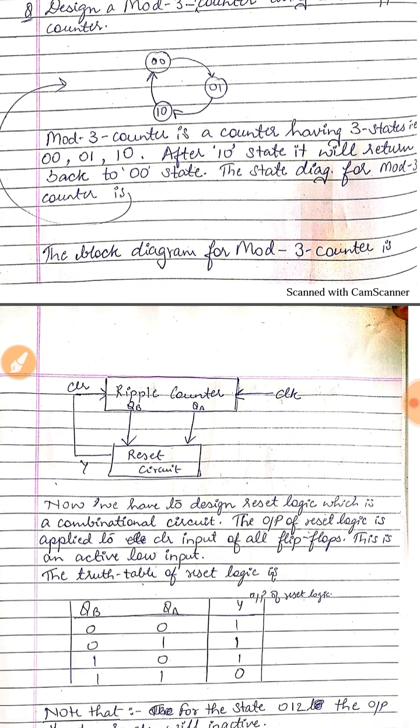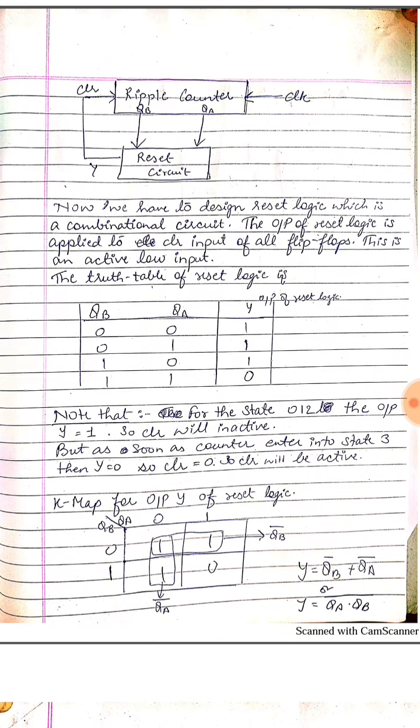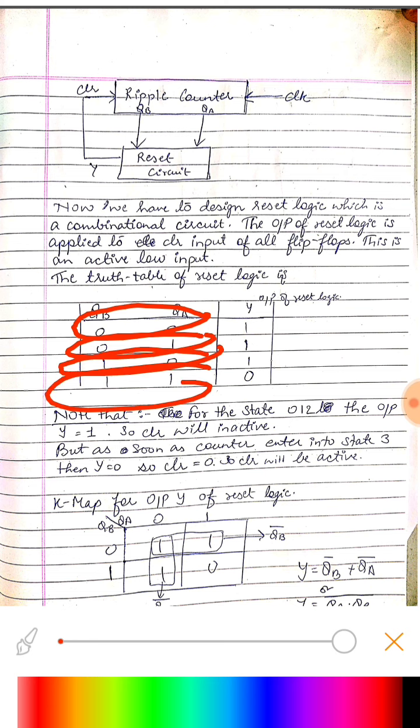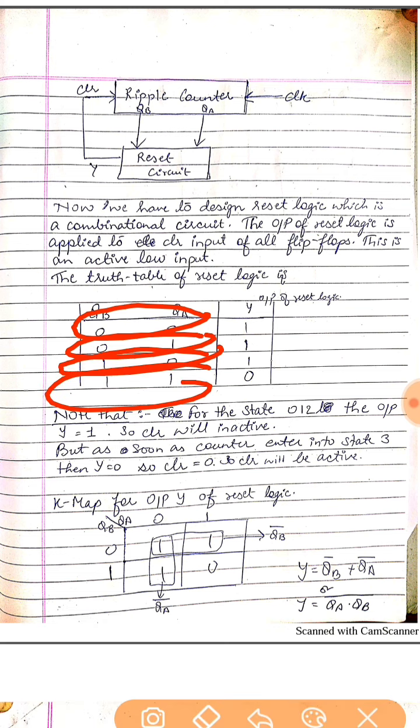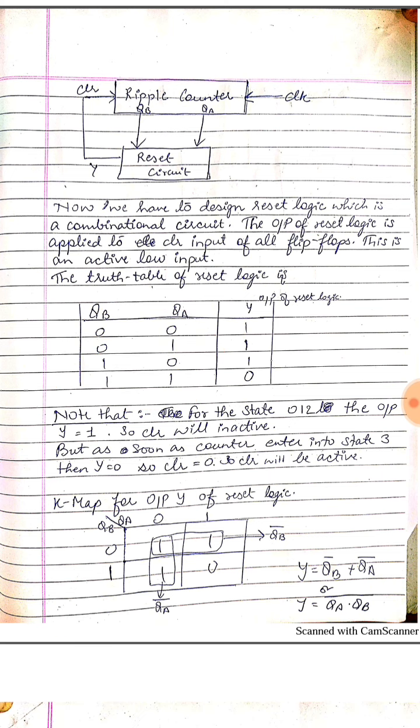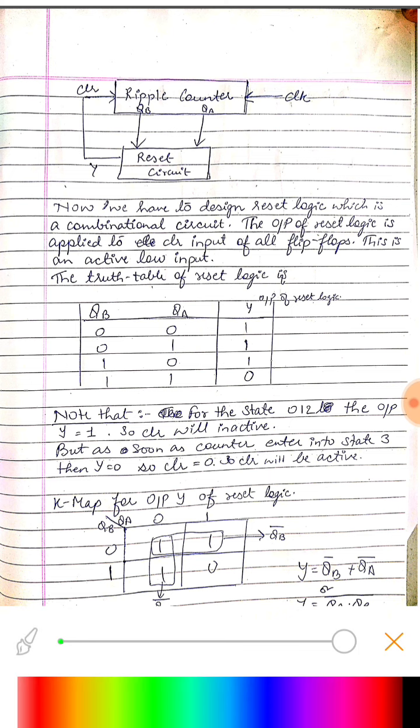So let's see how we can do that. In this case, as we know, we can count from 00, 01, 10 to 11. So I need to count only up to 2. I don't want to count 3. So what would I need?